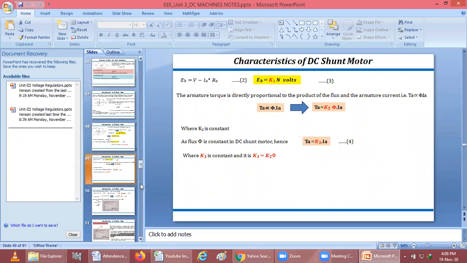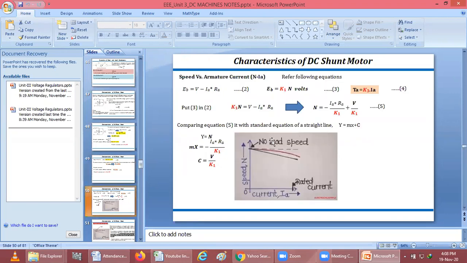Now we are supposed to calculate the speed. To calculate speed, you can convert the back EMF equation in the form of speed. If you put the second equation in the third equation, you get that equation in the form of armature current, because you are supposed to draw the graph of speed with respect to armature current.